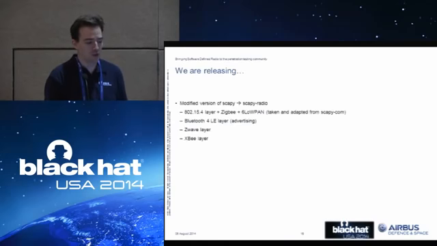What are we releasing? We're releasing the modified version of Scapy Radio, with all the protocols we have developed and tested on concrete equipment, and the corresponding new GNU Radio flow graphs for the ETUS board we have, and for USRP2.